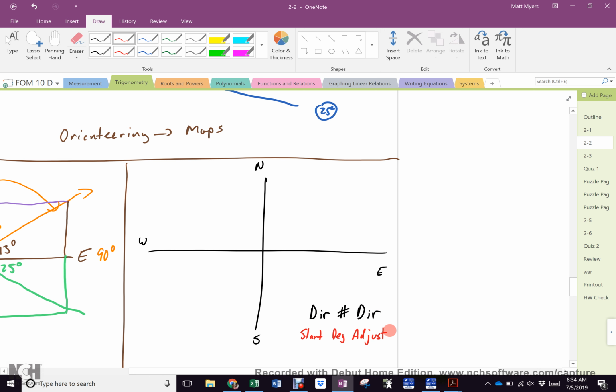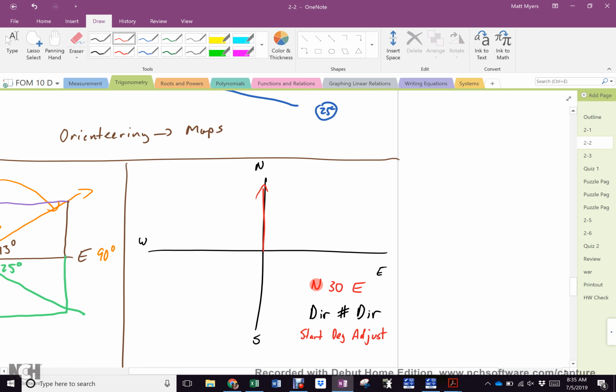So here is what I mean. If I told you I was going to walk north 30 east, that's how we write it. North is the direction I start in. So I would start walking straight that way. Does everyone agree? If I was just walking north.